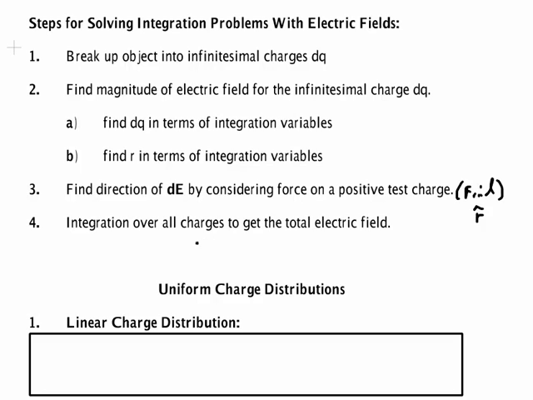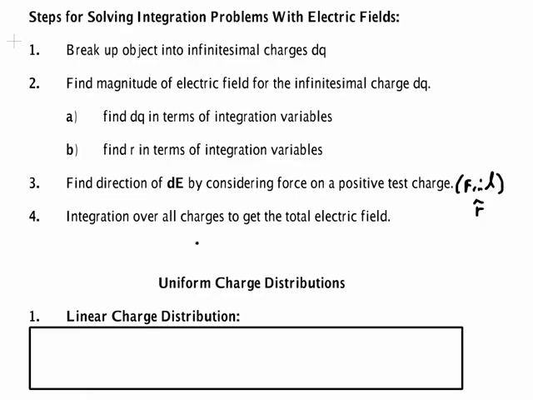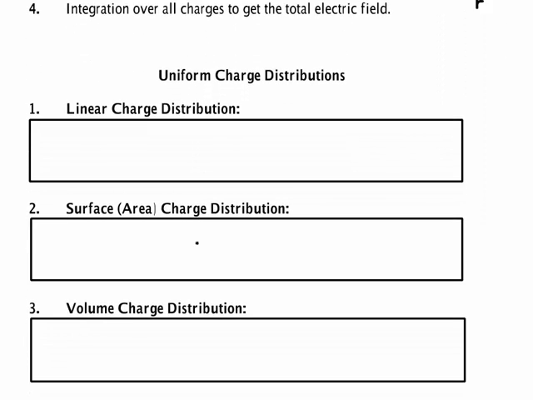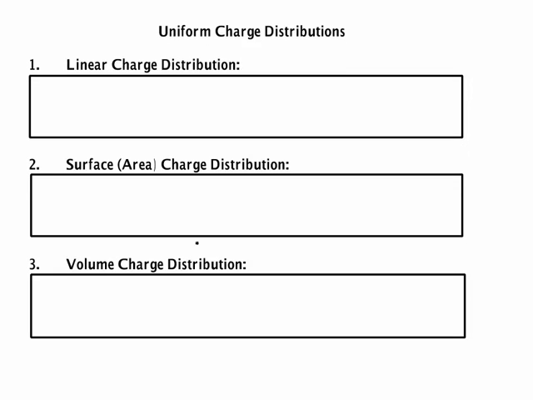Now in finding dq, there are two types of problems you're usually given. One problem is that you're given a uniform charge distribution, and the other is you're given a non-uniform charge distribution. All of these use what are called charge densities, which are very similar to mass densities you should have had in a Physics 1 course. So the linear charge density is defined as the derivative of charge with respect to the linear variable.